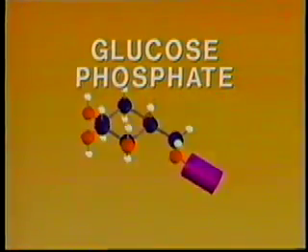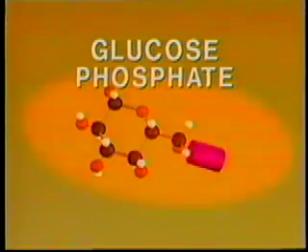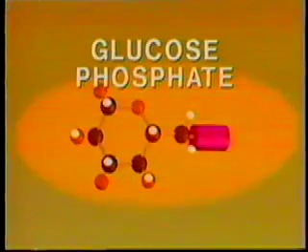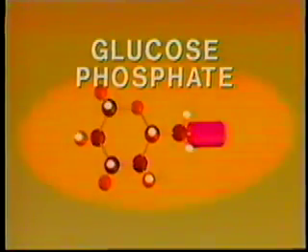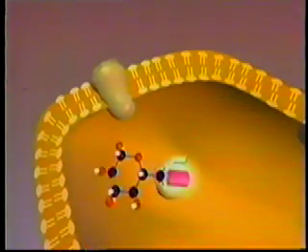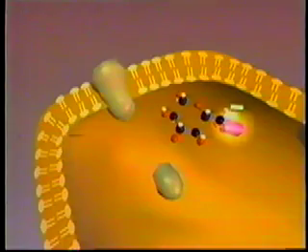While half of ATP's energy was used in the reaction, the remainder is held in the energized glucose phosphate. The placement of the negatively charged phosphate group on the glucose confines glucose phosphate within the cell.